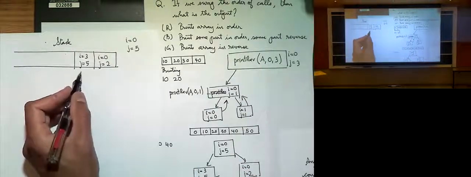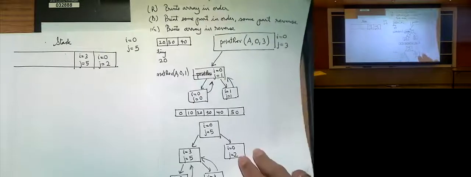Then I look at what's at the top of the stack, remove it, and push its calls onto the stack. I'm going to keep doing this process. And when I get a base case, I would just print and return. And you'll see that if I do this process, what I will get is the same behavior as this tree that I described here.